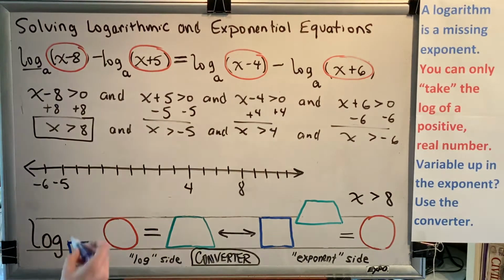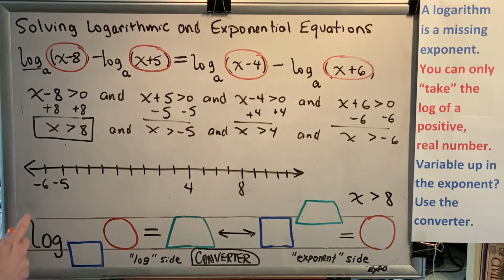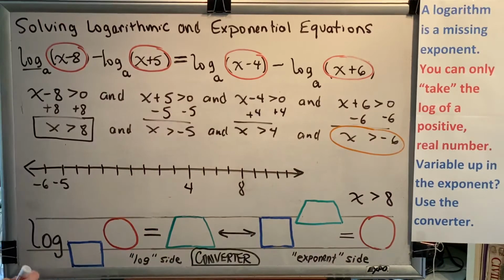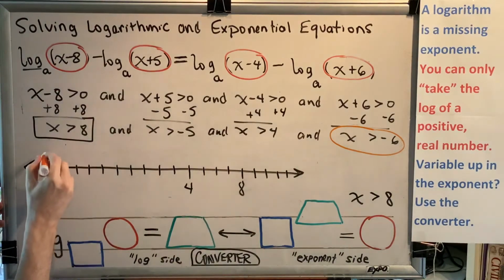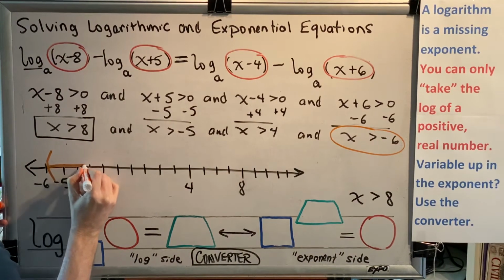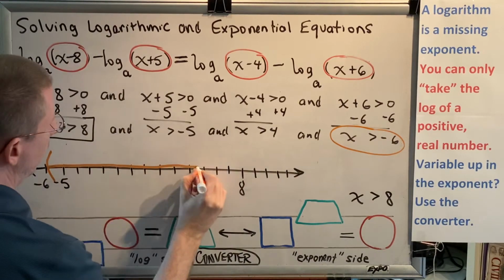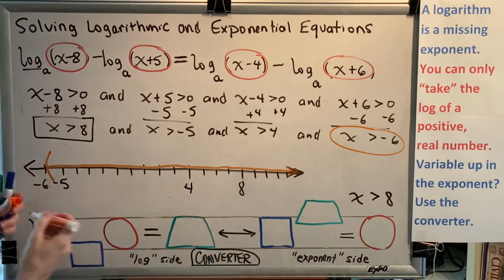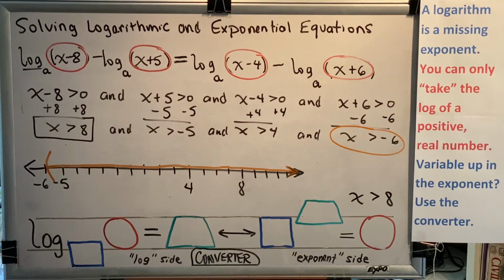For example, let's say I do the very first one, x is greater than negative 6. By first, I mean I'm working from left to right. If I were to graph this, I would have a parenthesis at negative 6, and I would shade everything to the right of it. I'm absolutely ruining my orange marker right now. All right, next one we'll do this negative 5. I'll do that in green.